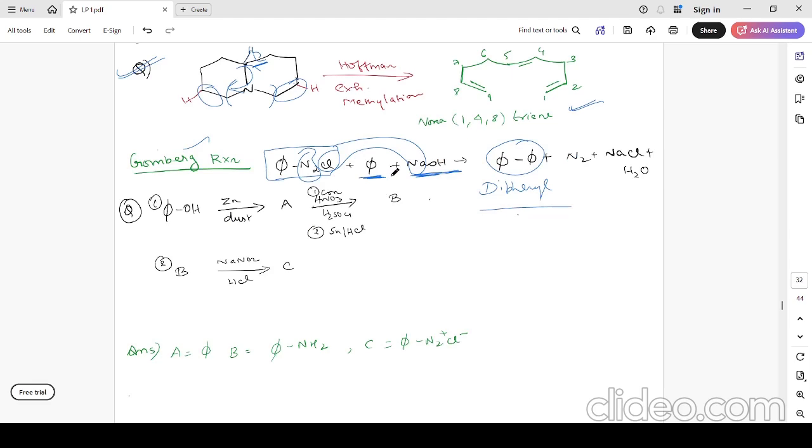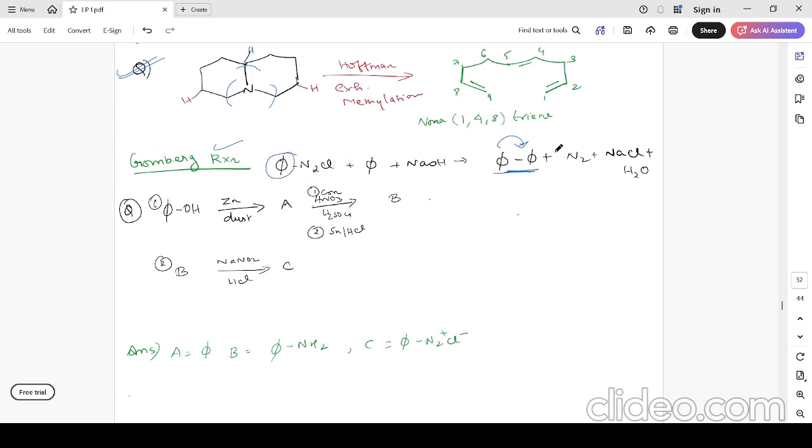That's the Gomberg reaction, where you are able to form the diphenyl molecule. Is there any other reaction in which you form biphenyl? Any other reaction?